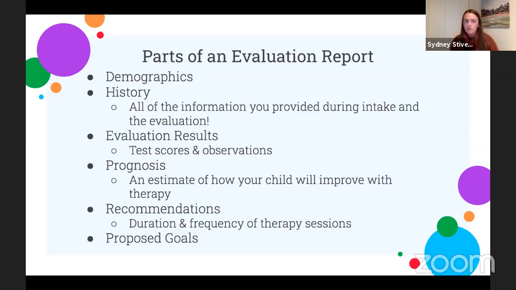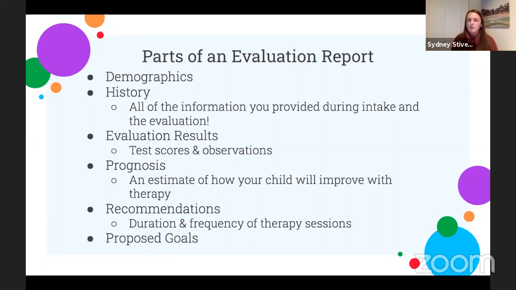And then another term we will use a lot is standard deviation. So you can see on here, there's this SD written after the numbers. So the standard deviation is the average distance from the mean. So the average distance from 100, or there's other numbers we'll go into, but that average distance from the mean.